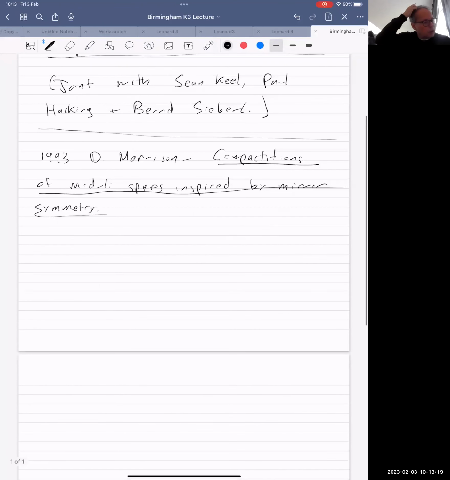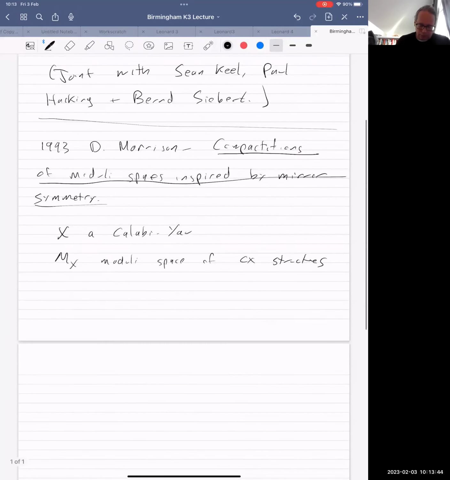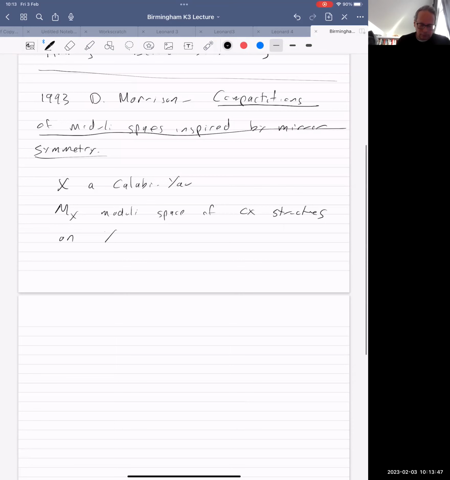So let me say a little bit about what the basic situation is. Suppose we have X a Calabi-Yau manifold, and let's take M_X to be the moduli space of complex structures or complex deformations of X. I'll draw this as something like this, M_X.